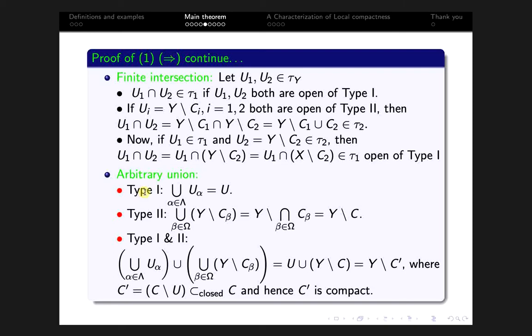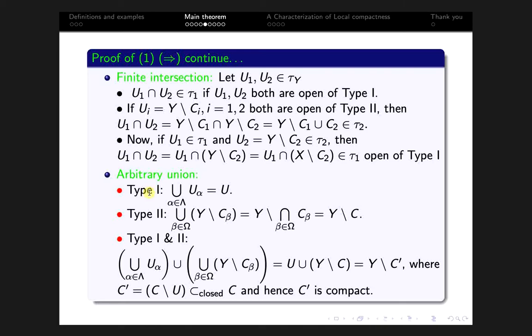And in case 2, if we have U alpha a collection of open sets of type 2, then here we use a different index set, so beta.